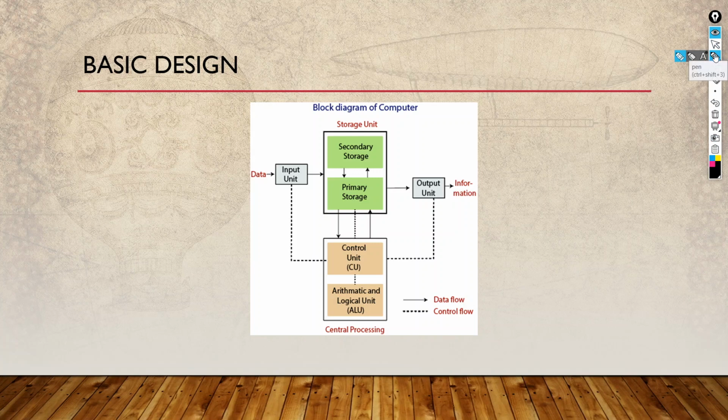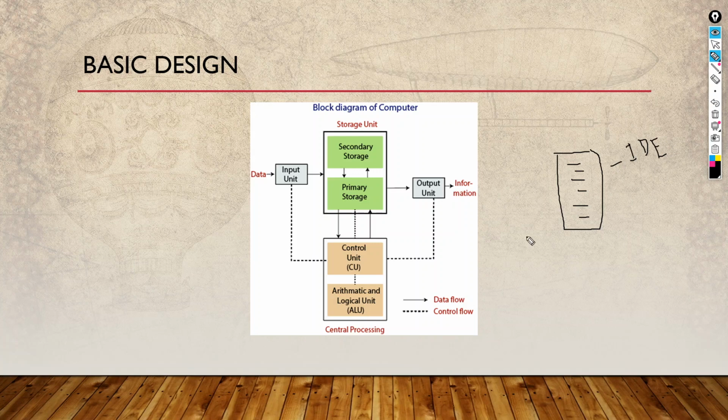Now coming to the important thing, how a program executes in the computer. First of all we write code. We write lines of code in an IDE. IDE means integrated development environment, where we write our code.